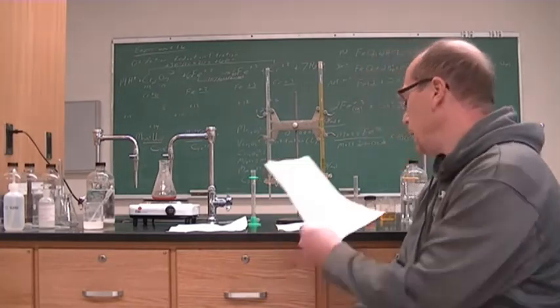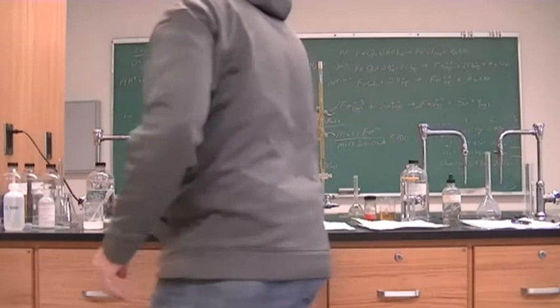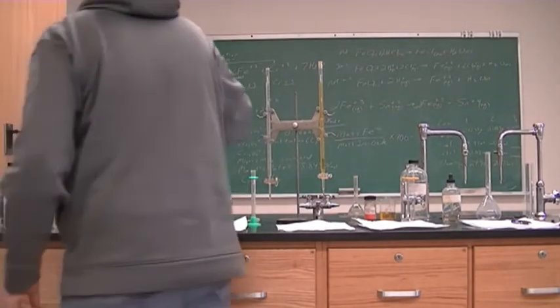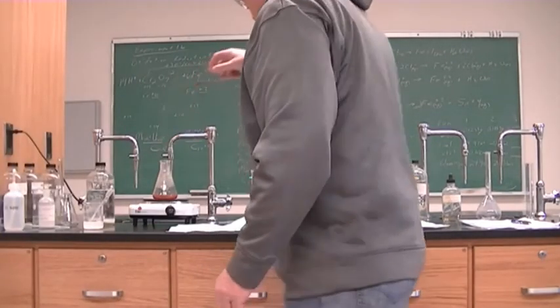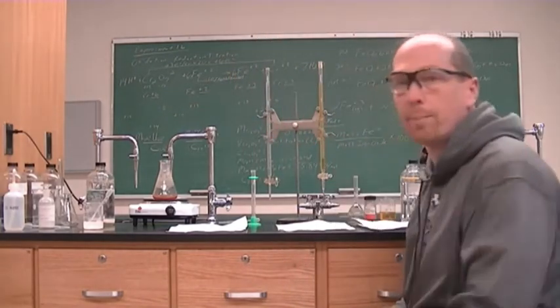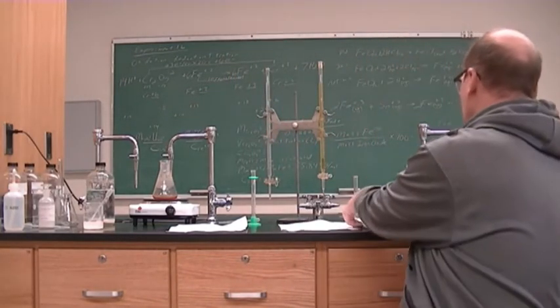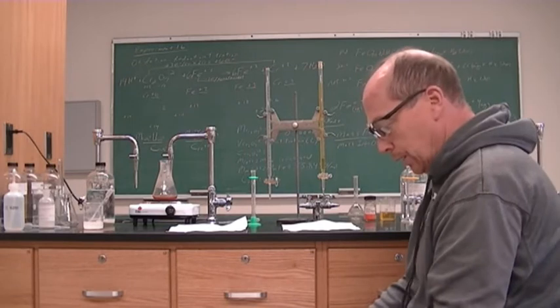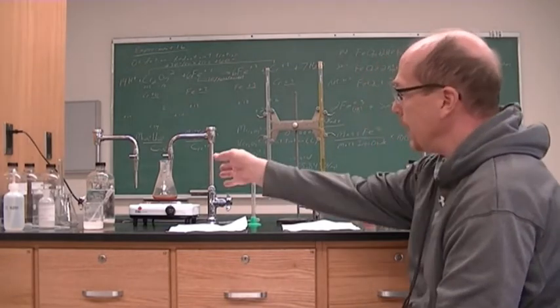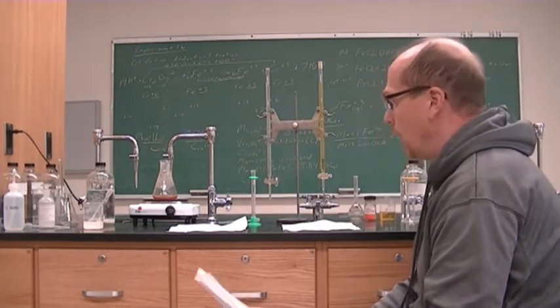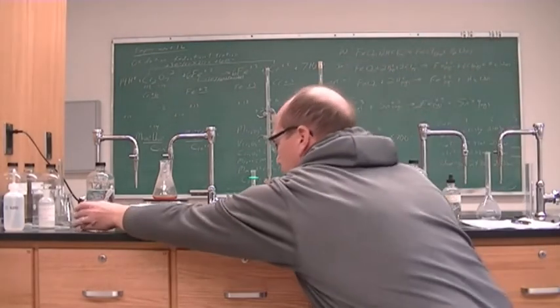All right, and it will eventually clear up, which means that it has all dissolved. Once we get a clear solution here, we're going to add our tin plus 2.